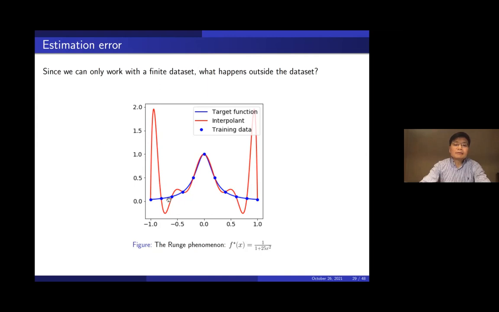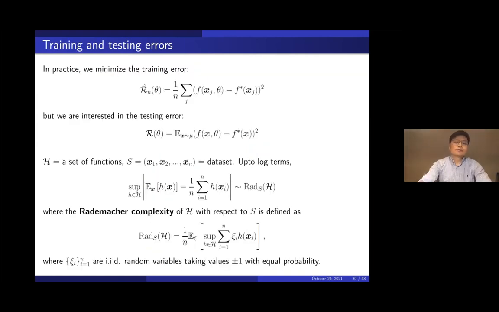But you can see that polynomial interpolation fits the data perfectly on the training data set, but does a very poor job, particularly at the boundary outside the training data set. This is called the Runge phenomenon. We certainly don't want that to happen. So we want to measure the difference between the training error and the testing error, so we want these to be close.